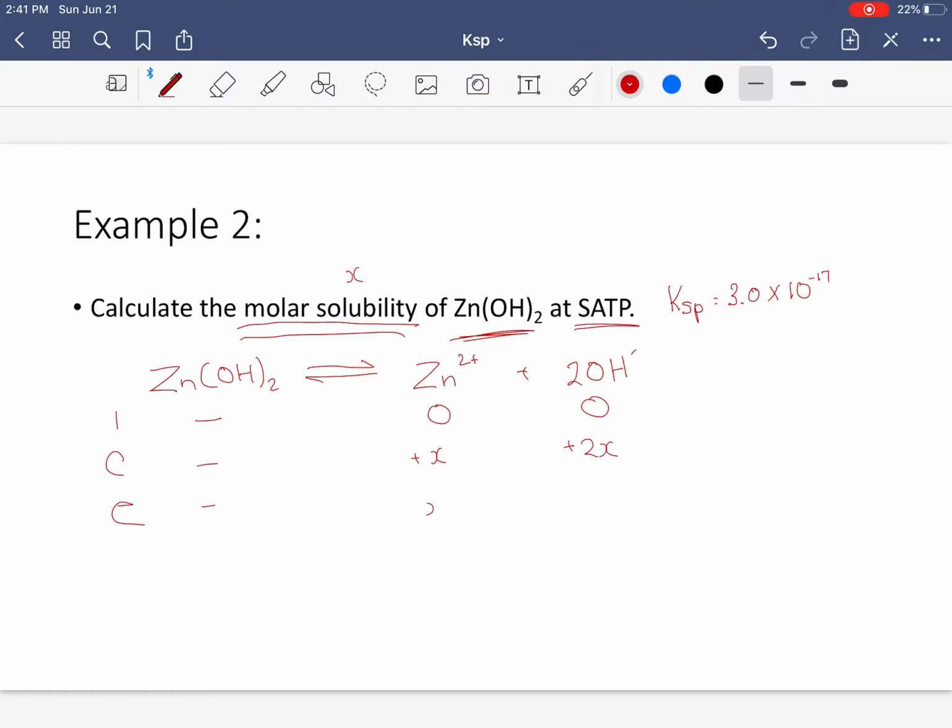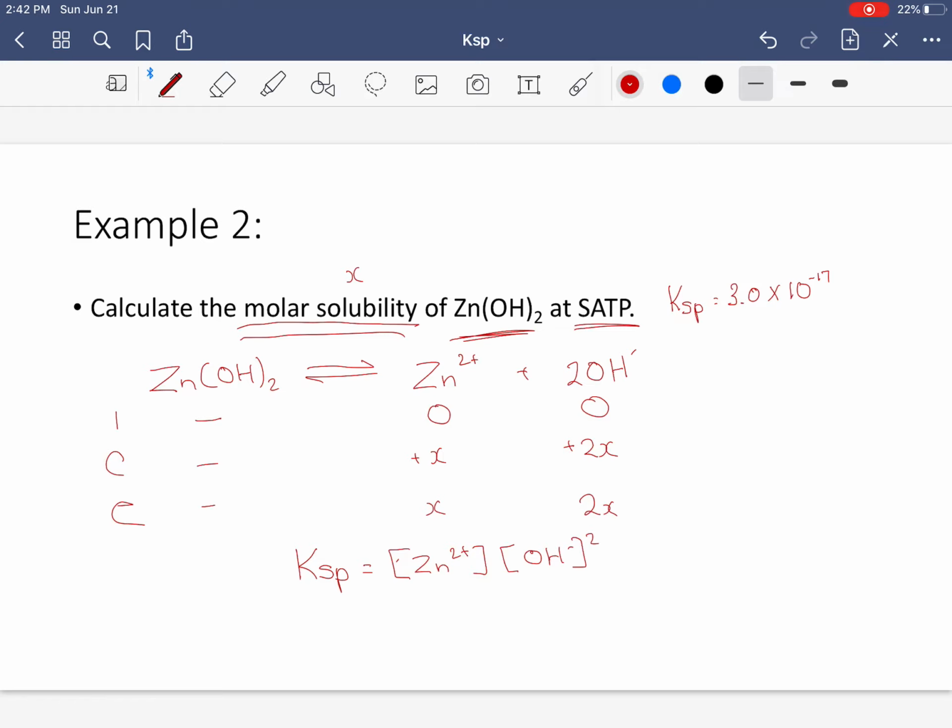So at equilibrium, zinc is going to be the molar solubility, and hydroxide will be 2 times that. Knowing how to make a Ksp expression, Ksp is equal to zinc 2 plus times OH minus squared.